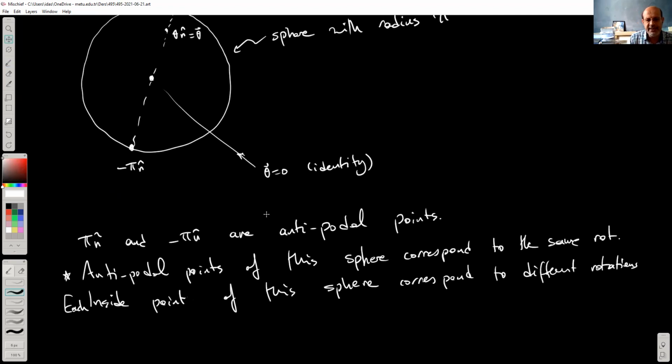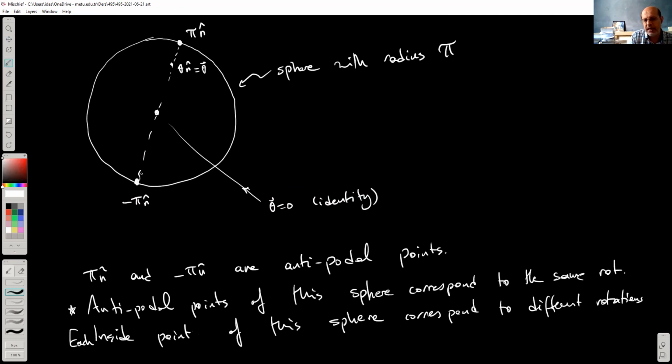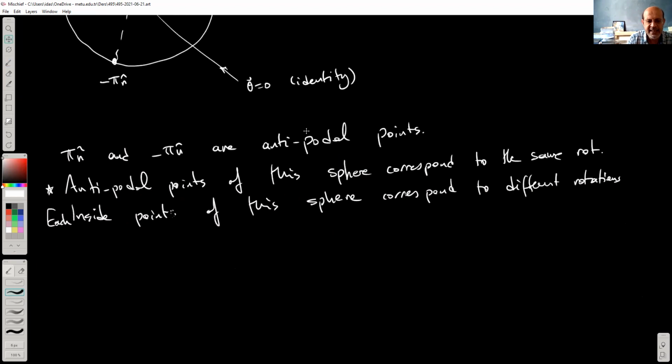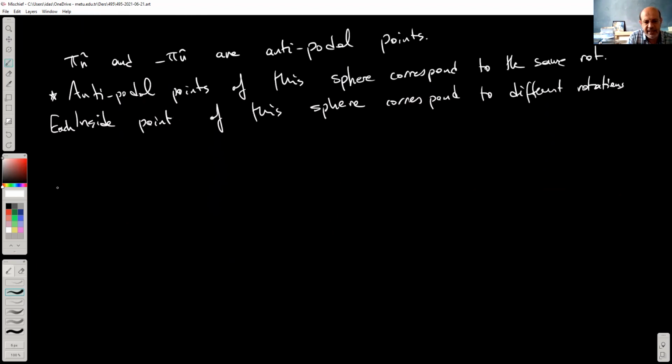So somehow you have to remove this ambiguity at the surface, and we do this in topology by what we call making some points equivalent to each other. So that's the manifold representation of SO3.